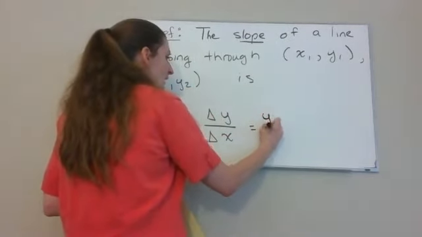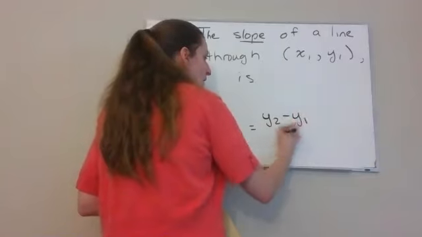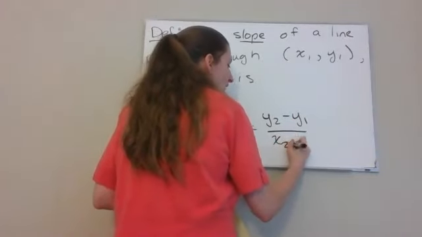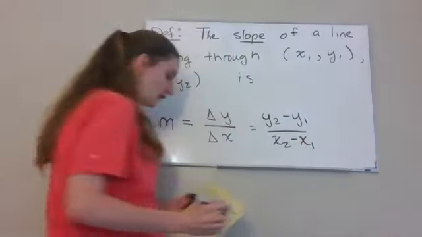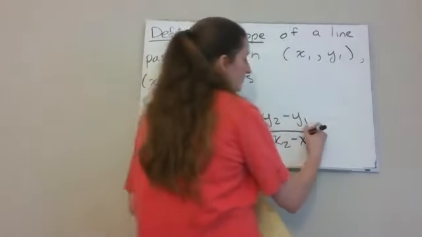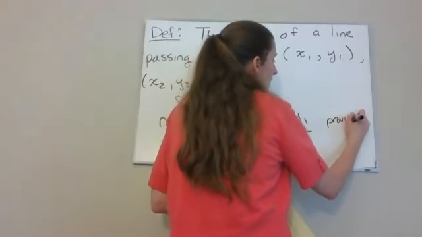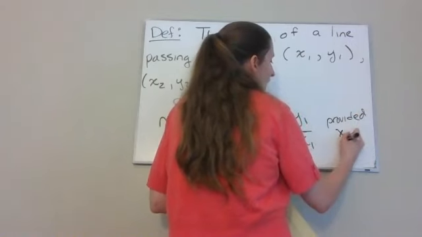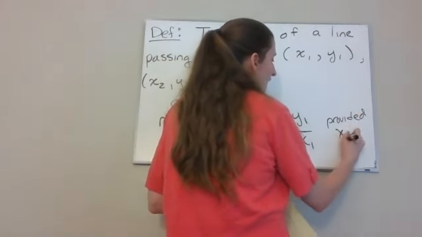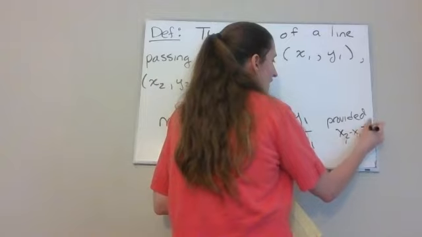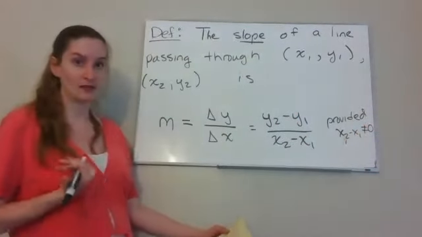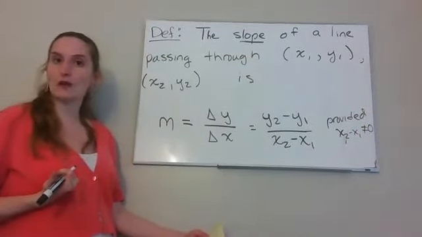Change in my y values is y2 minus y1. Change in x values is x2 minus x1. This, of course, is provided that x2 minus x1 is not 0, because we're not allowed to divide by 0. This will give you the slope of the line.